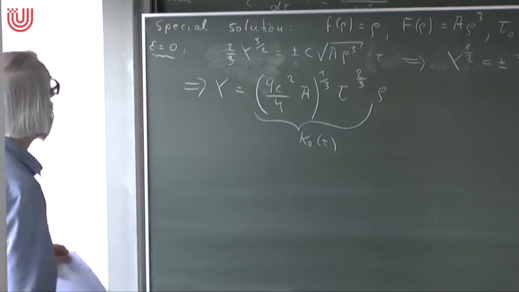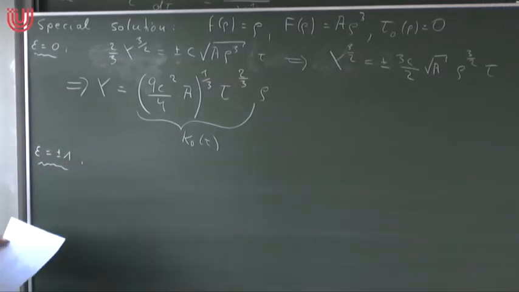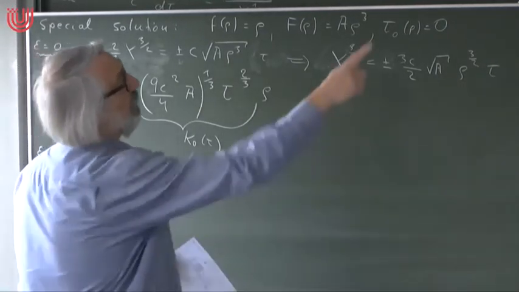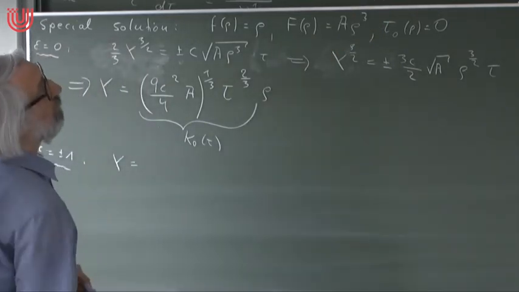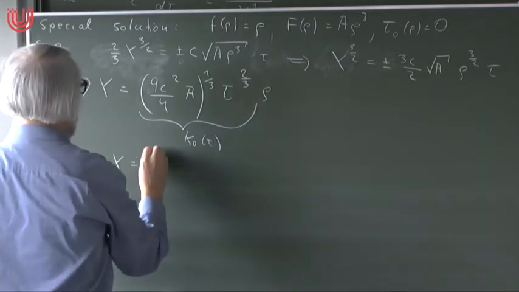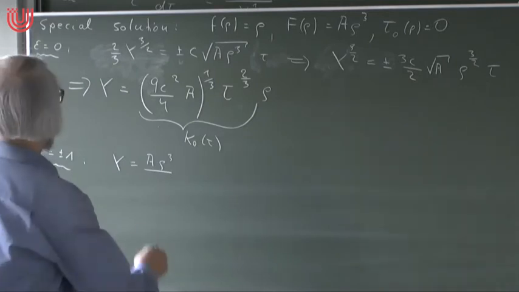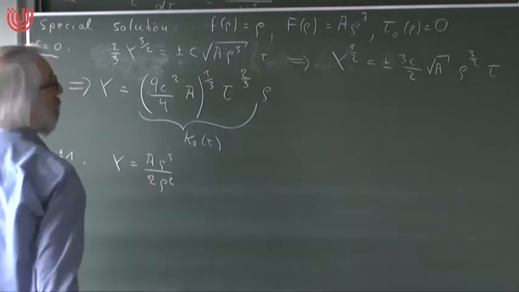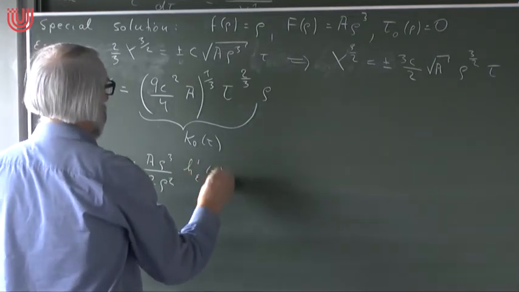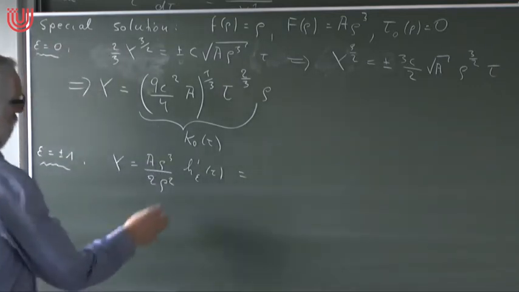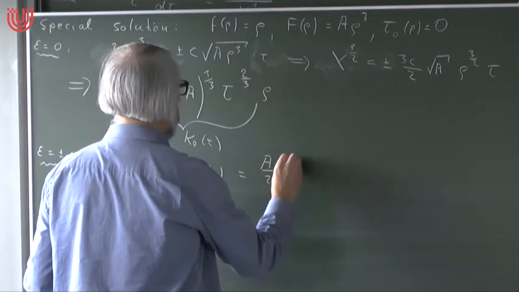And what about the case epsilon plus minus 1? Then I have to look at this expression there. And y is, there's a capital F, which is a times rho cubed, divided by 2 times f of rho squared, which is 2 times rho squared, h epsilon prime of tau. And you see again, this is proportional to rho. So this is a factor which depends on tau.